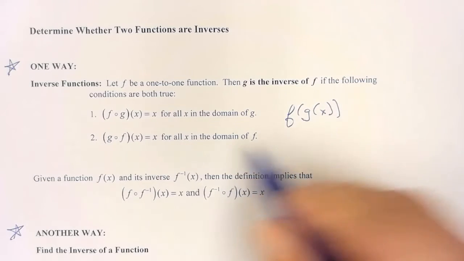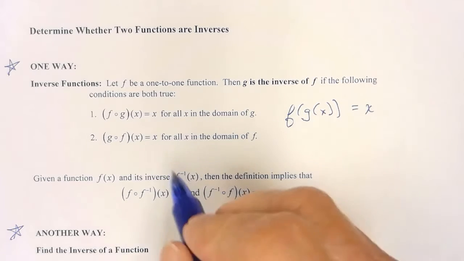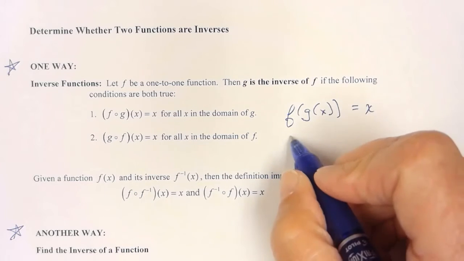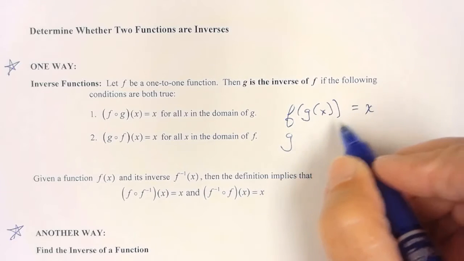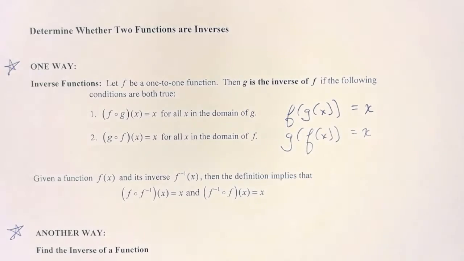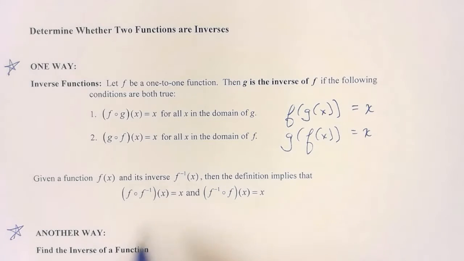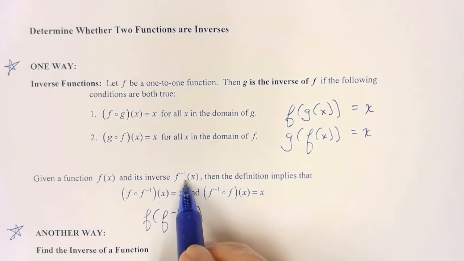Well, if we do that, and it comes out to be x, but we also have to do both of these. We have to find f of g of x and g of f of x. And if they both come out to be x, then they are inverses of one another. Another way to write the exact same thing, that indicating inverse.